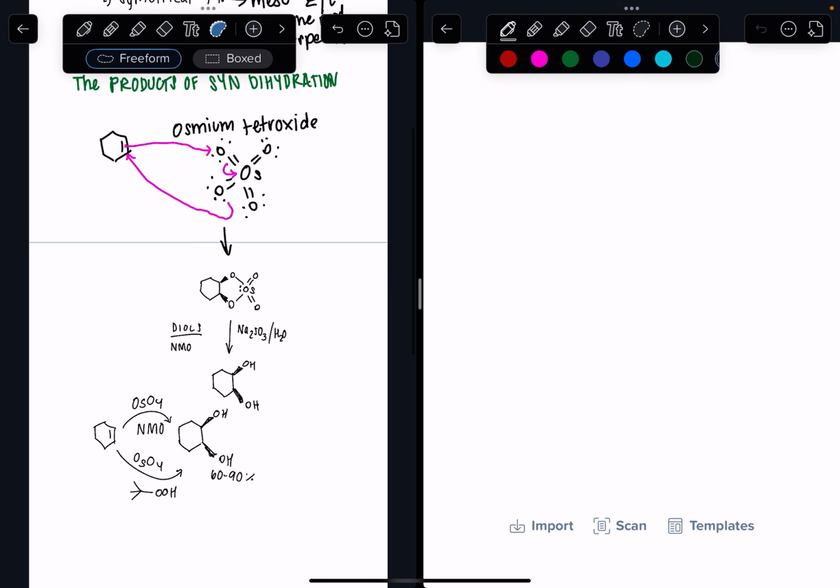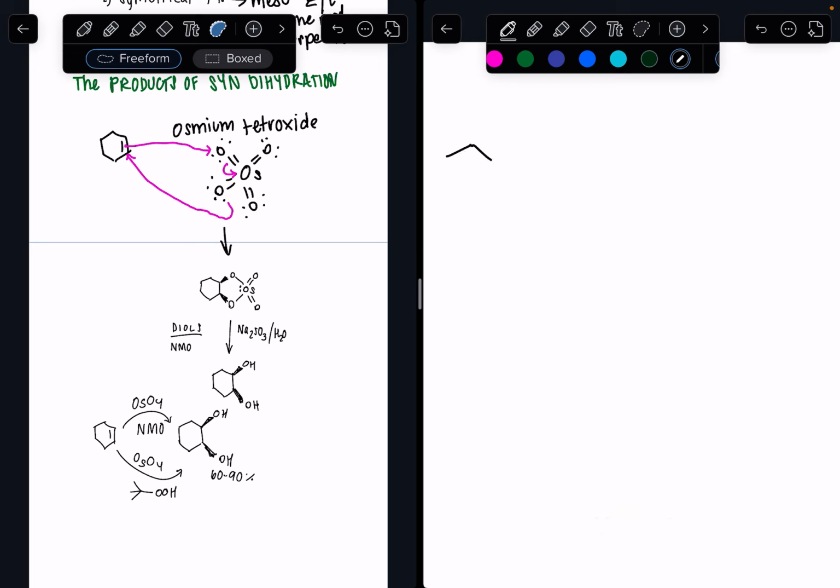I've got that in my side notes, and here I'm going to work on some problems. The reason I am going to choose these alkenes is because we've already seen them in different reactions, so we can consolidate our steps in a few different ways.